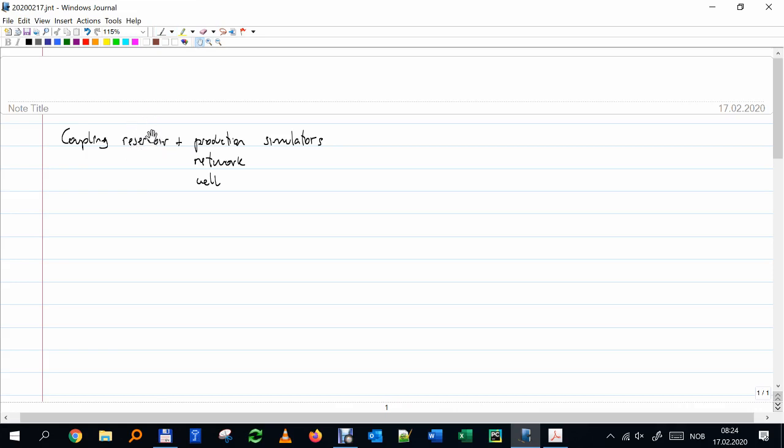Typically it's used to estimate the evolution of recovery factor and pressure in the field, and it only contains maybe down to the wellbore interface, the sand face, or if you have tubing tables, it can also include the flow in the wellbore.